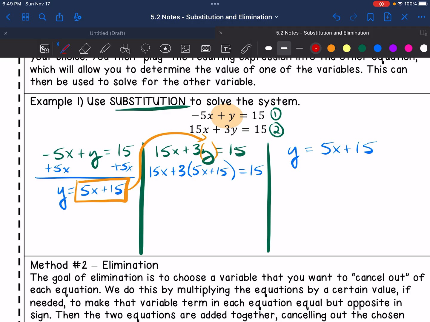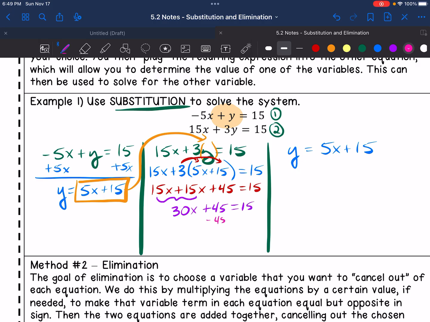Okay, so we know from here we're going to simplify. I've got nothing but x's now in the equation, so I'm going to try to find what x equals. So I'm distributing. I get 15x plus 15x plus 45 equals 15. Then I'm combining like terms. So I've got 15x plus 15x, that makes 30x plus 45 equals 15.